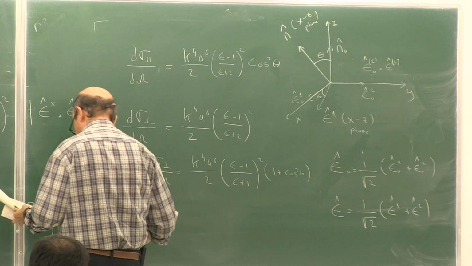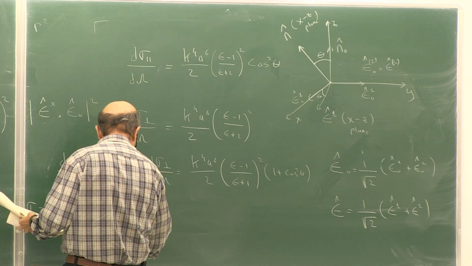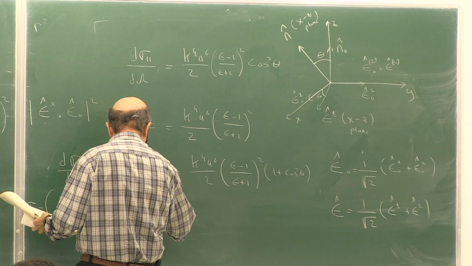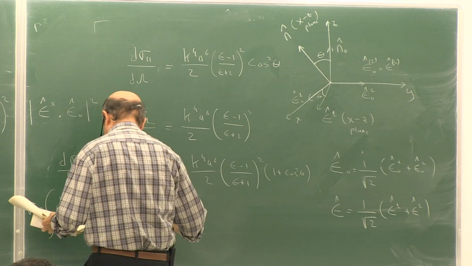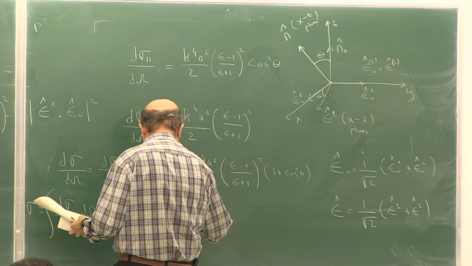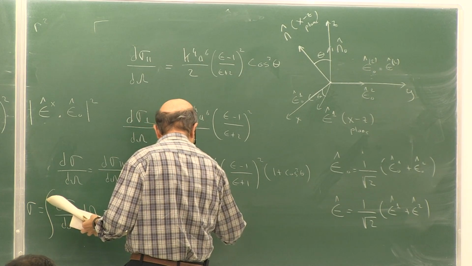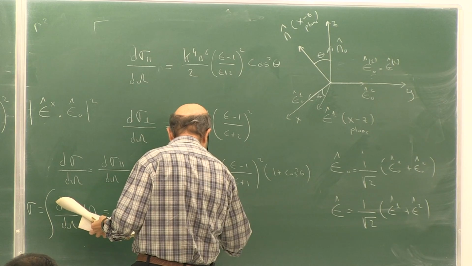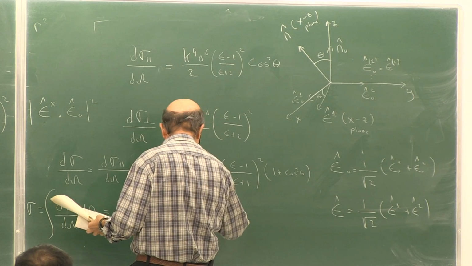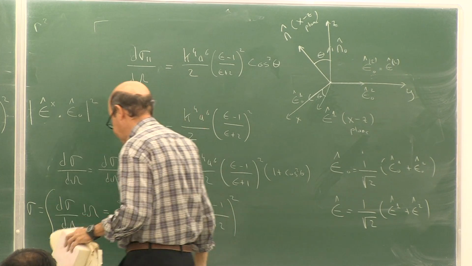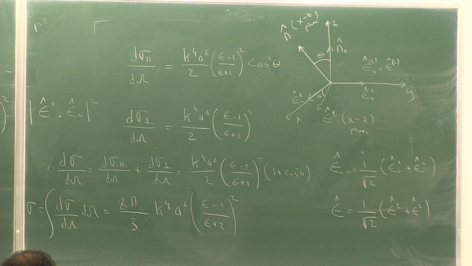Actually, that should be 4 pi over 3. 8 pi over 3, k to the 4, a to the 6, epsilon minus 1 divided by epsilon plus 2 square. So this is the total scattering cross section.